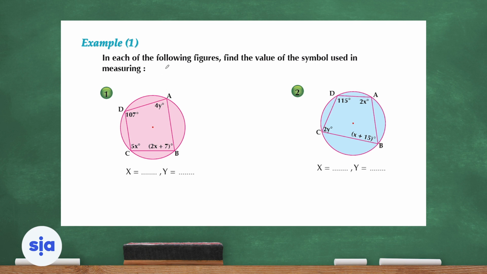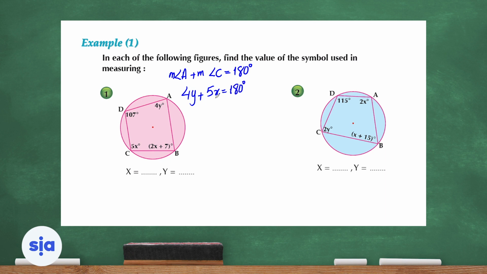As long as this is a cyclic quadrilateral, the measure of angle A plus the measure of angle C equals 180 degrees. So here, angle A, which is 4y, plus angle C, which is 5x, is equal to 180 degrees.